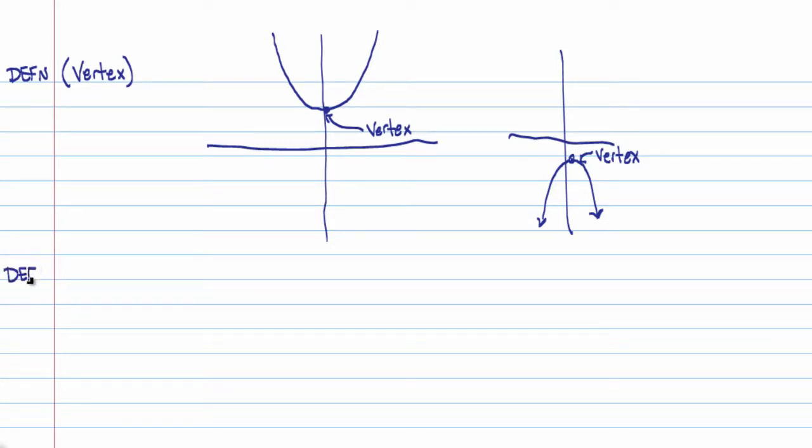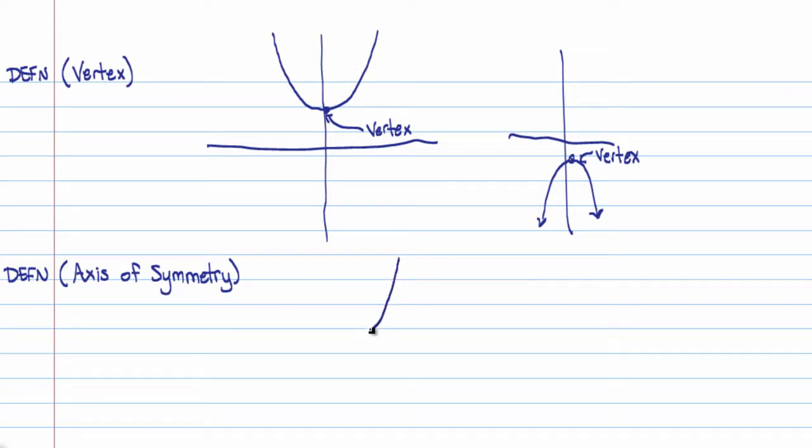The definition for the axis of symmetry. There is this thing called the axis of symmetry, and this is going to be hugely important. Oops, not symmetric, I have to write symmetry. If you look at a parabola, you'll notice that it's a mirror image of itself across a certain line.